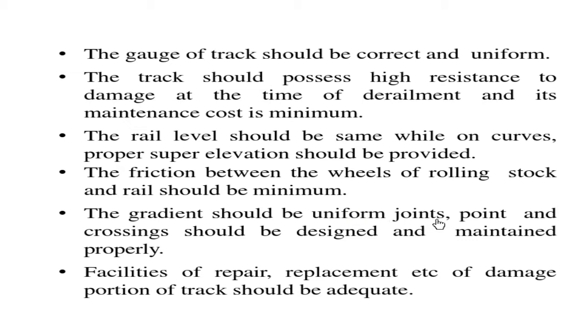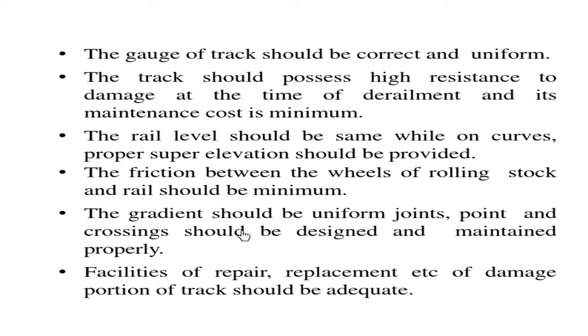Then the points and crossings. Points and crossings is an arrangement for diverting the train from one track to another, or if it has to join a branch line, some arrangements are to be made. That is called the point and crossing. You will learn points and crossing in the coming module.